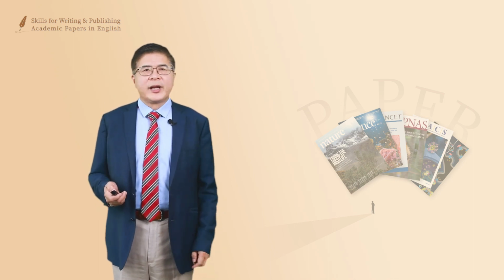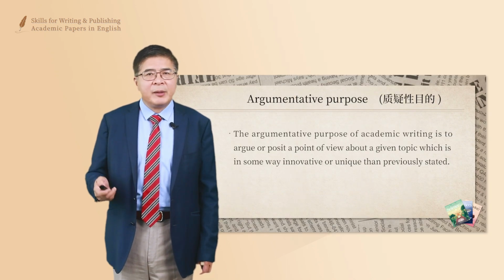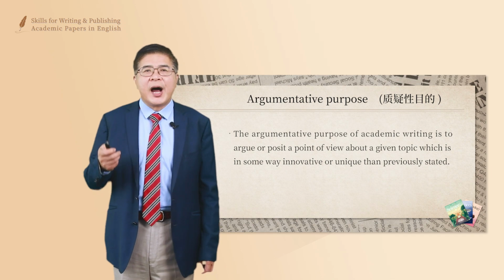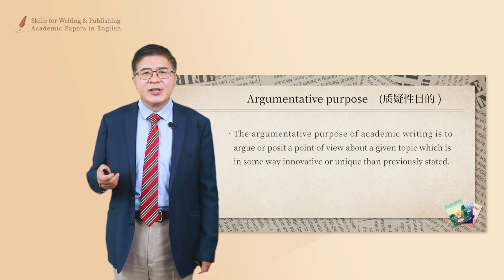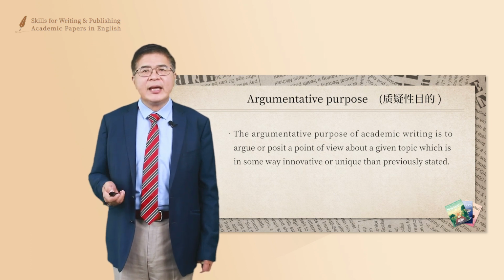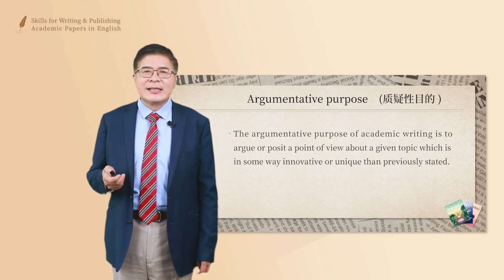First of all, let's look at an argumentative purpose. The argumentative purpose of academic writing is to argue or posit a point of view about a given topic, which is in some way more informative or unique than previously stated.